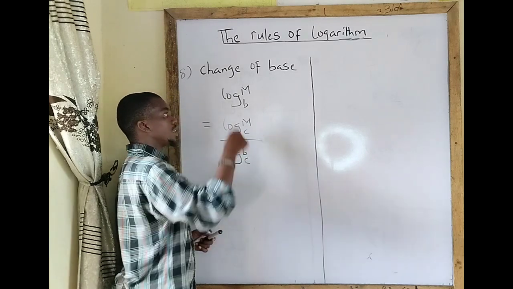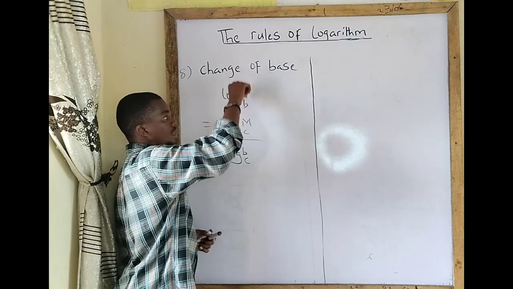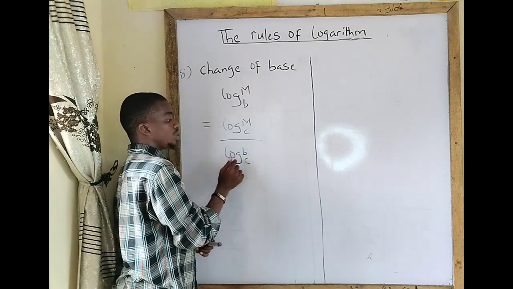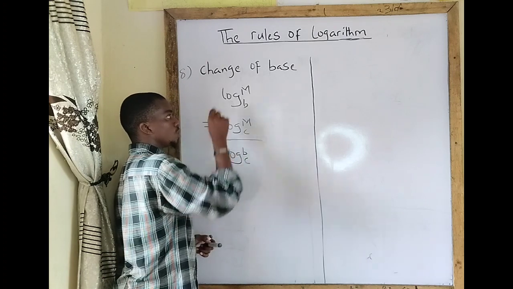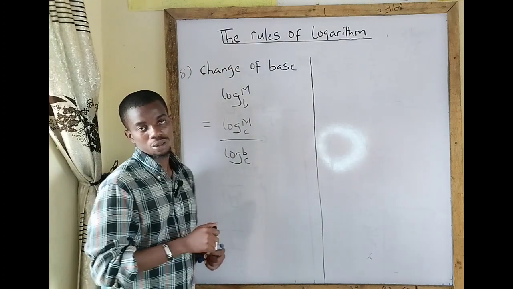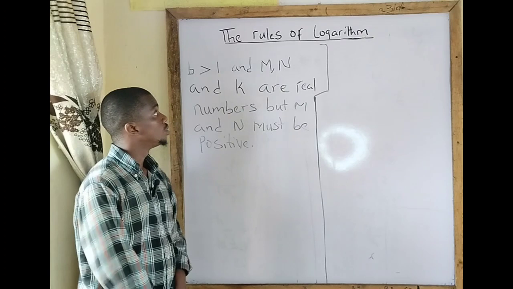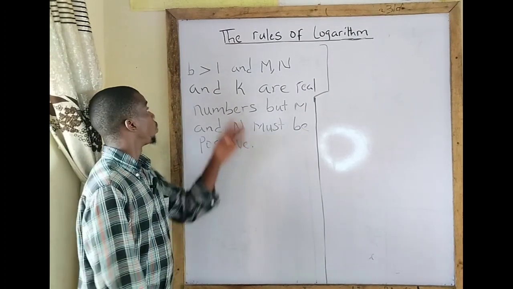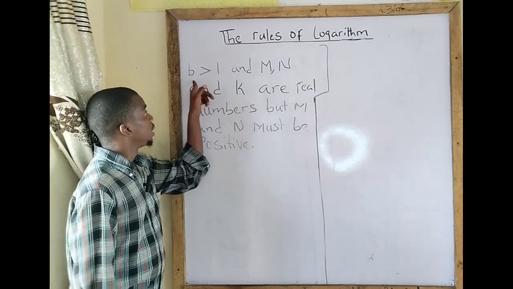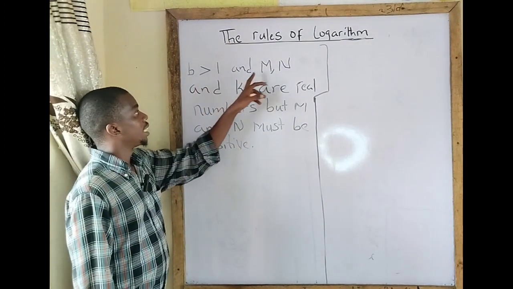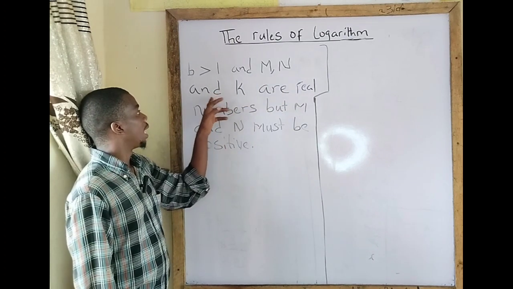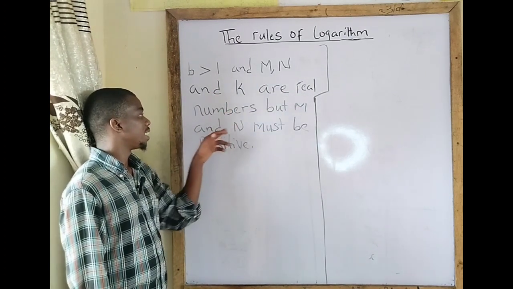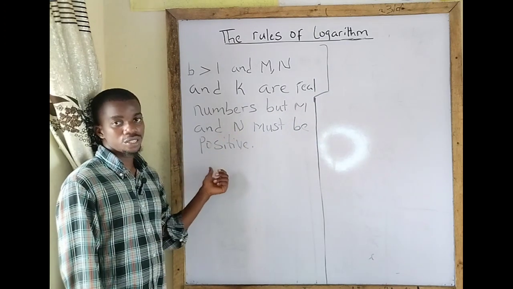That is, the base takes a log of itself to the same base as the initial log. Note that the aforementioned rules can only be applied where b is greater than 1 and m, n and k are real numbers, but m and n must be positive.